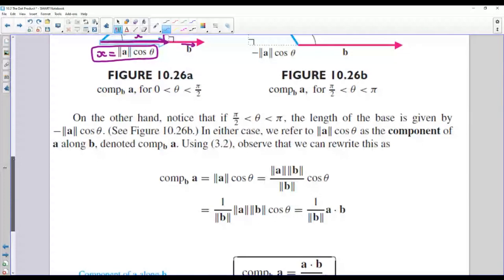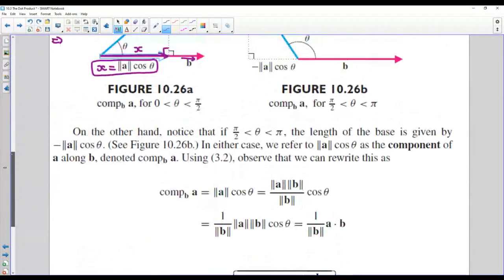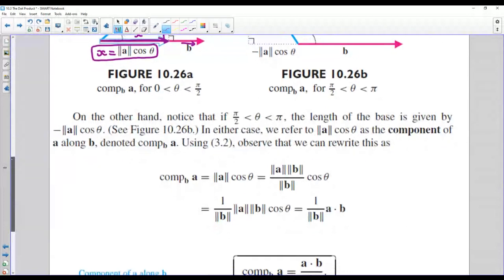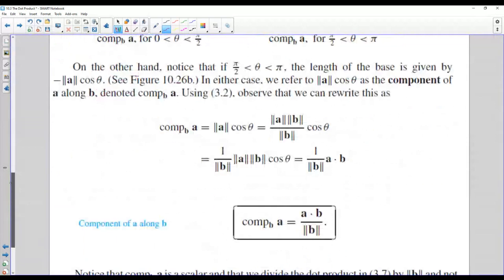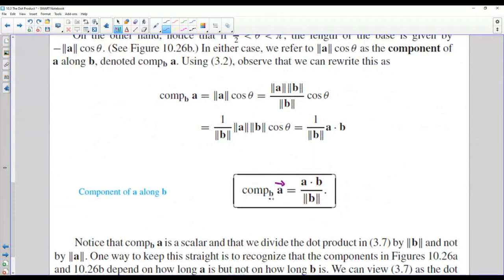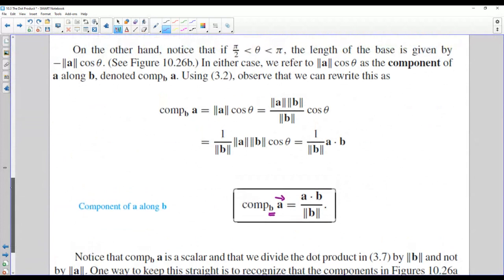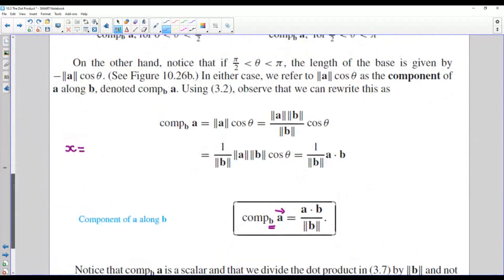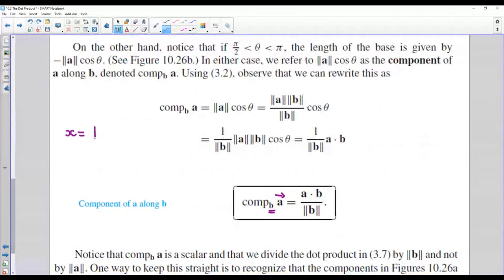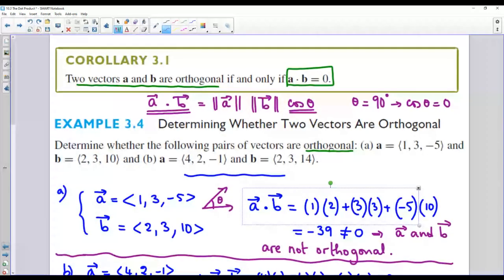Now, this is what is called the component of A along the vector B. Let me continue a little bit here. I said that component x was magnitude of A multiplied by cosine theta. But remember cosine theta, let me go back to the rule.